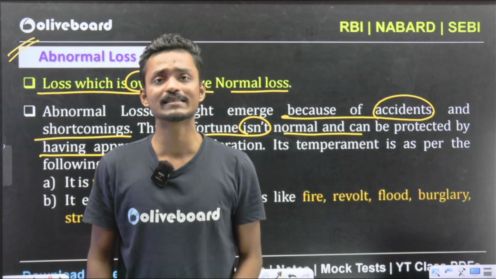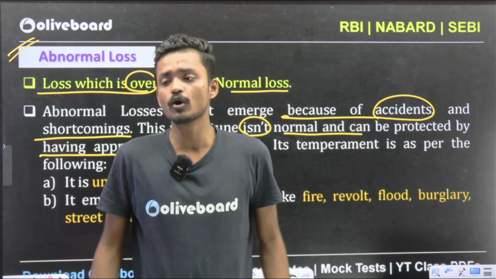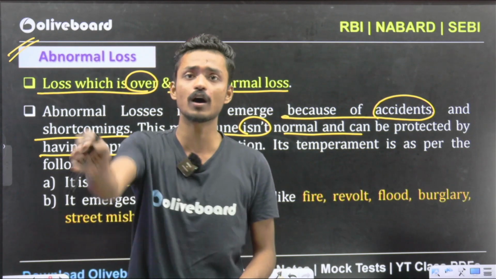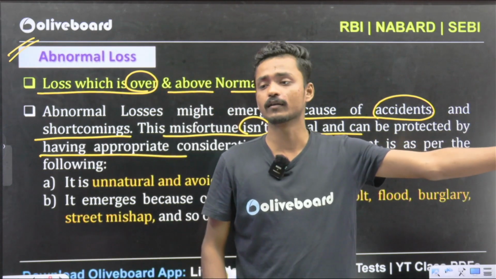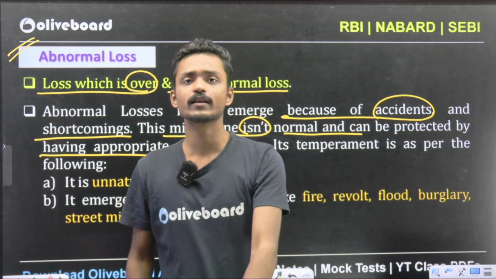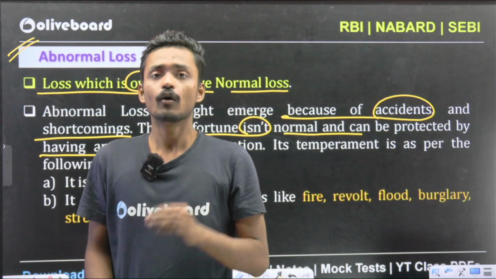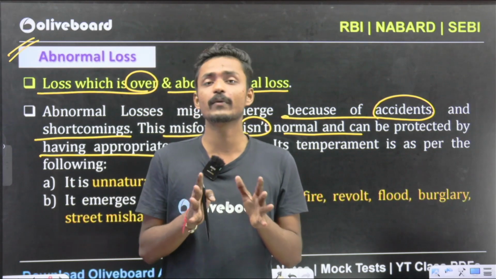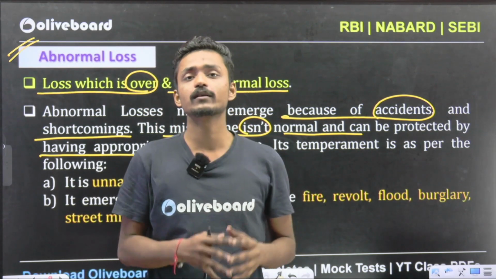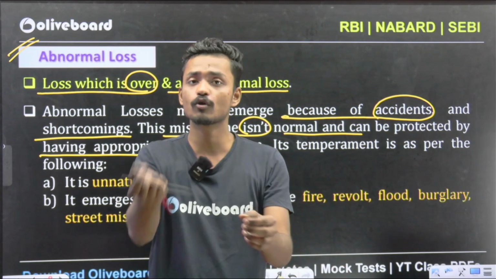The customer will say, why am I paying the abnormal loss cost? The reason is that it is your mistake and you are recovering from the customer. That is not genuine. So that's the reason we cannot recover it and cannot incorporate it under the cost sheet, or when preparing the cost account or the process costing, we are not required to incorporate the abnormal loss.